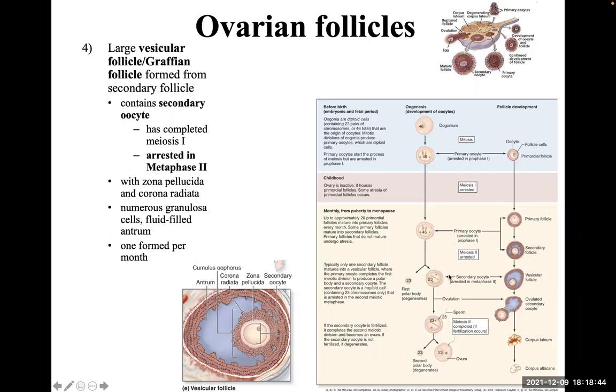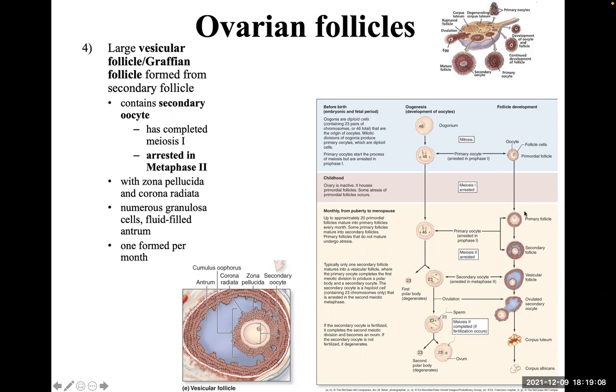Okay, and this is what the process looks like. Here we have, again, a primary oocyte in prophase 1 in a primary follicle. Because of the increase in granulosa cells, these follicles, because there's 20 or so of them, are secreting estrogen, and that estrogen continues to help this process by which the follicles continue to mature.